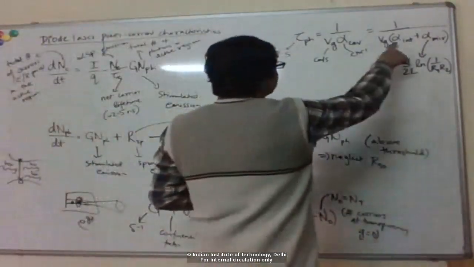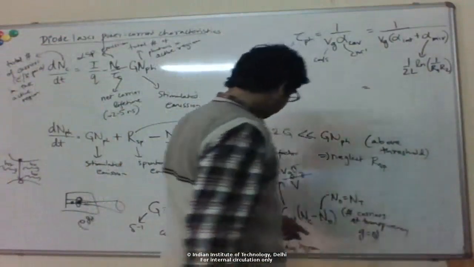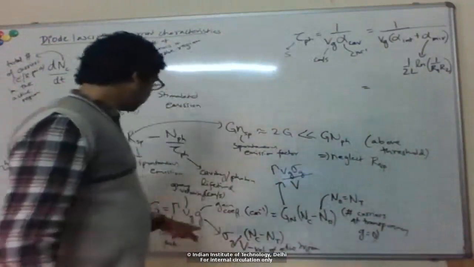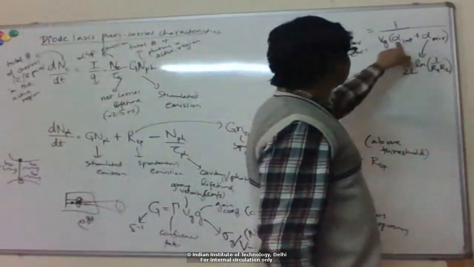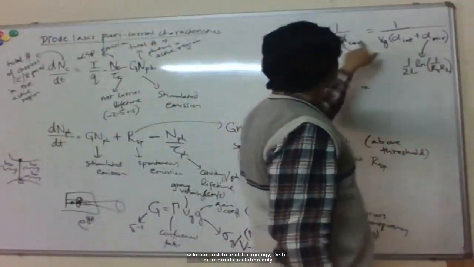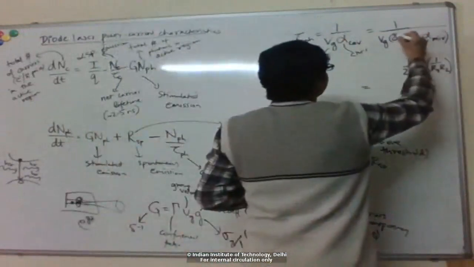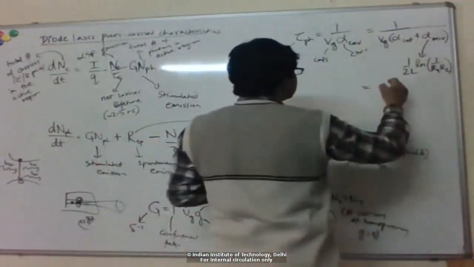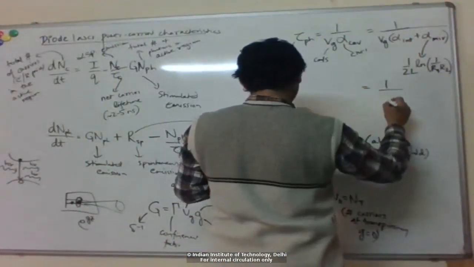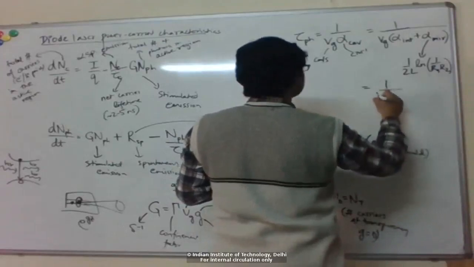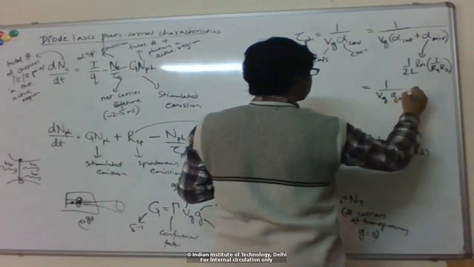And recall we had a threshold condition, right? Where this gain coefficient G became equal to the loss in the cavity, which was the internal loss plus mirror loss. So this is also equal to the gain coefficient at threshold, and I can write this along with the confinement factor.